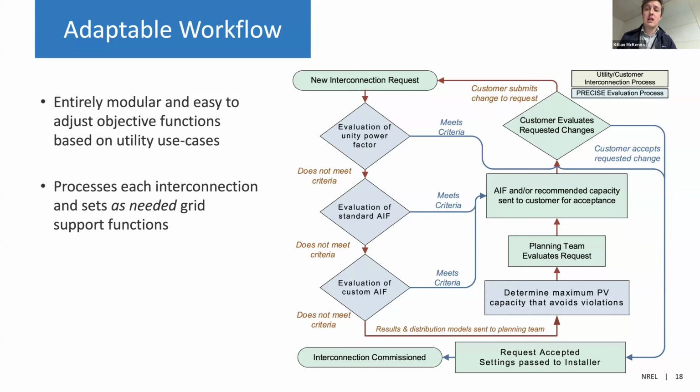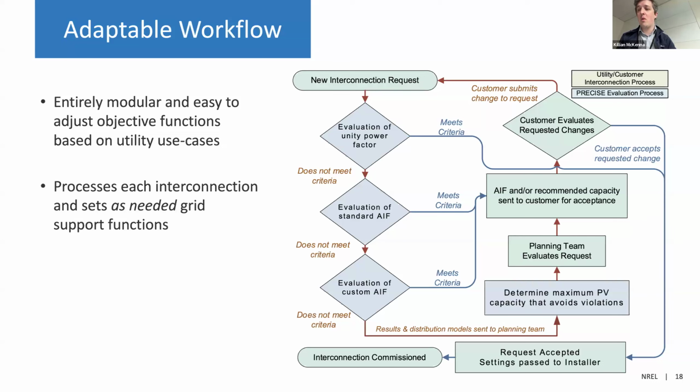If that doesn't meet criteria, then we start to evaluate standard volt-var curves, as in those in Rule 21 in California. If that meets criteria, great. And then we're issuing that application with those smart inverter functions or advanced inverter functionality. If those don't meet criteria, then we start to evaluate custom advanced inverter functions.